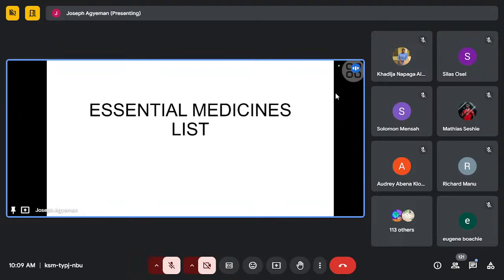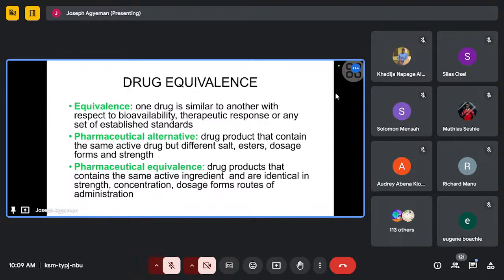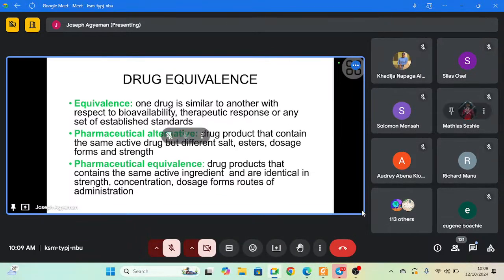So let's quickly look at the essential medicines list and the DTC as two out of the 10, 12 core interventions that can be used to curb irrational drug use. But before the essential medicines list, quickly, let's look through these pharmacokinetic terms.